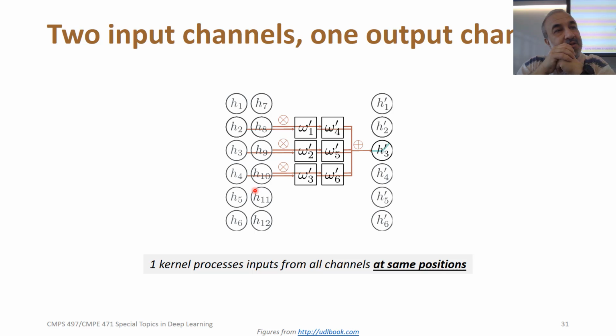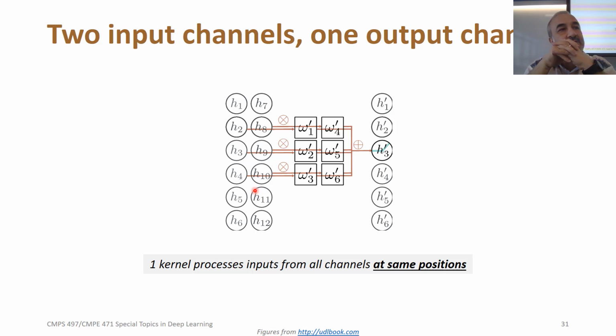Just a second. You are confused. If we fix everything except that we have more input channels, are we increasing or reducing the number of parameters?